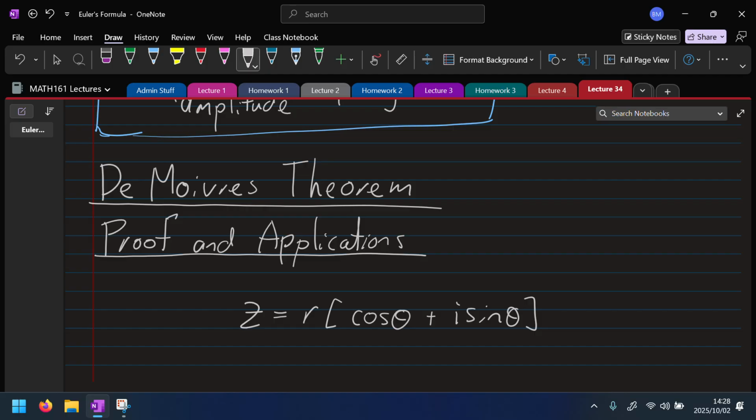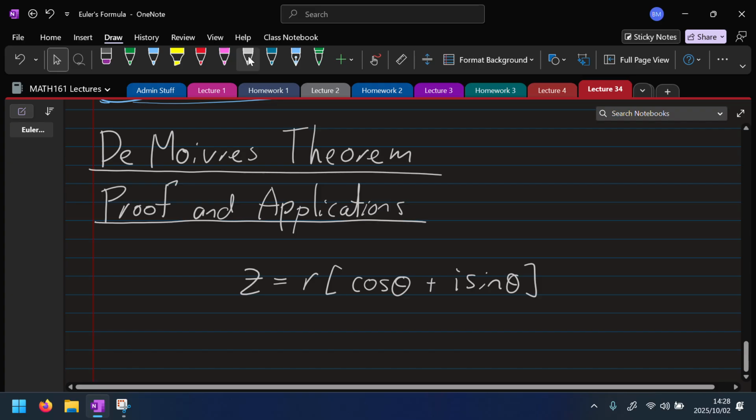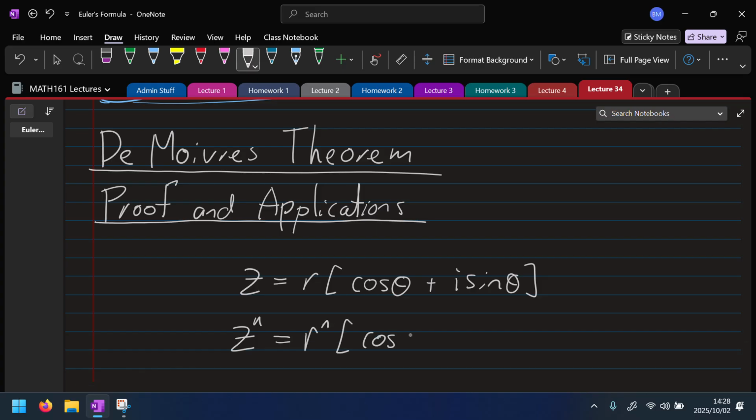Now, what we want is to find a power of this complex number. So we want to find z to the n, where n is some number. So this is going to be r to the n, cos theta plus i sin theta, to the n.